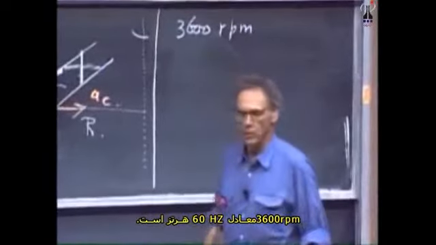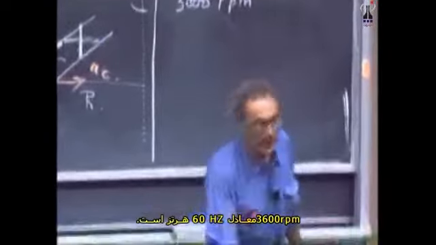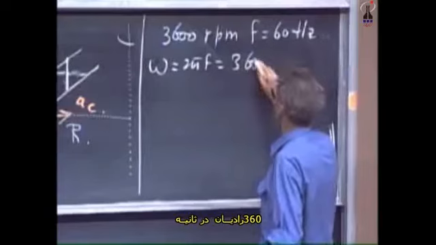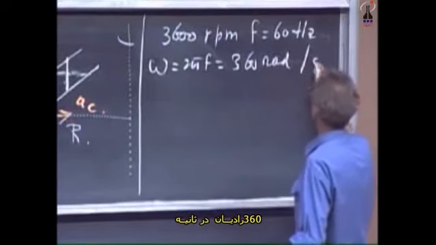So 3,600 RPM translates into a frequency of 60 hertz. So it goes around once in 1/60th of a second. Omega is 2 pi times f, is therefore roughly 360 radians per second.